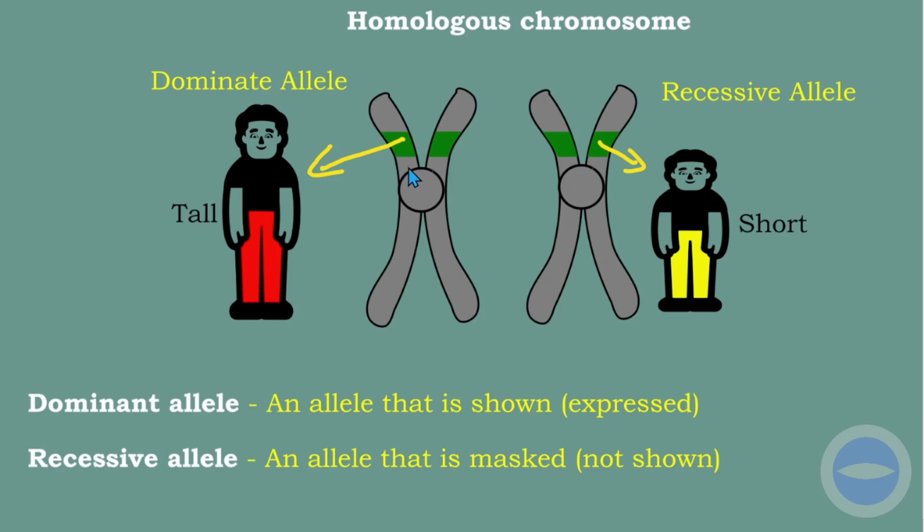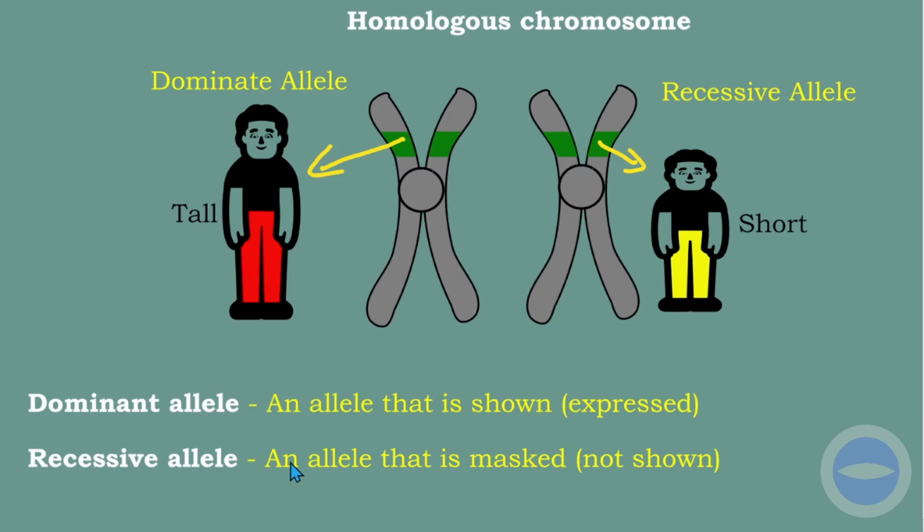If you find someone who is very tall, you may find that in their karyotype they have a chromosome for short, but because tall is dominant over short, this person is tall, not short. So we call tall a dominant allele, but short, as it's not visible, we call a recessive allele.